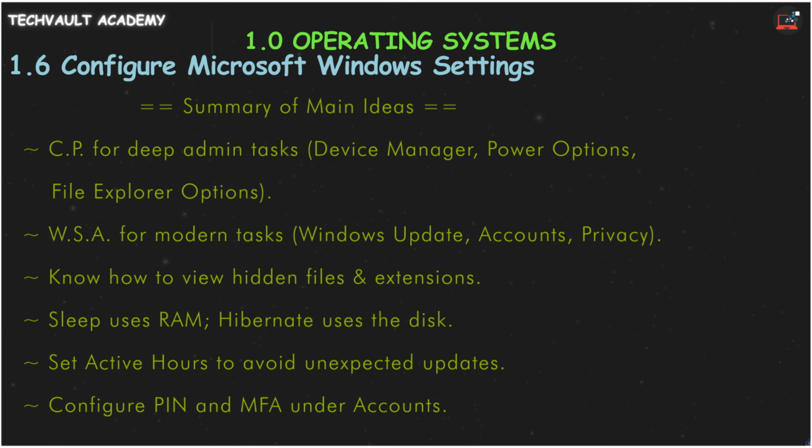Power Options distinguishes between Sleep, which uses RAM, and Hibernate, which saves to the disk. Device Manager is your go-to for all hardware driver issues. In the modern Settings app, use Update and Security to set active hours, and Accounts to configure sign-in options like a PIN or MFA.